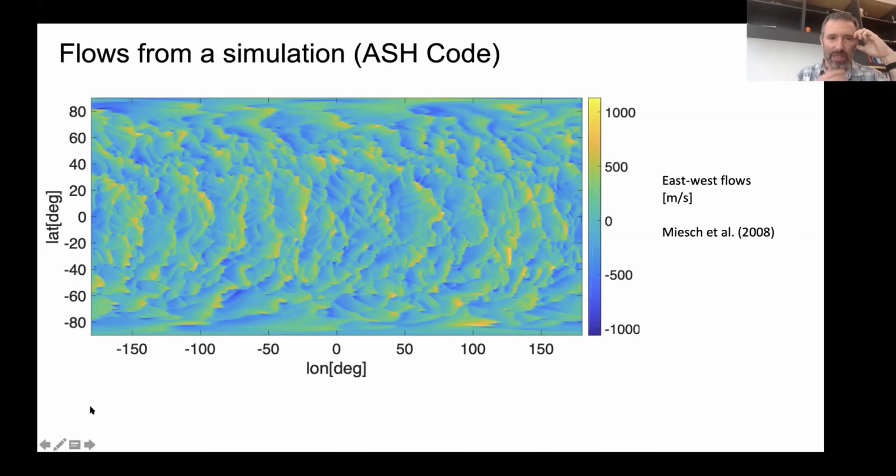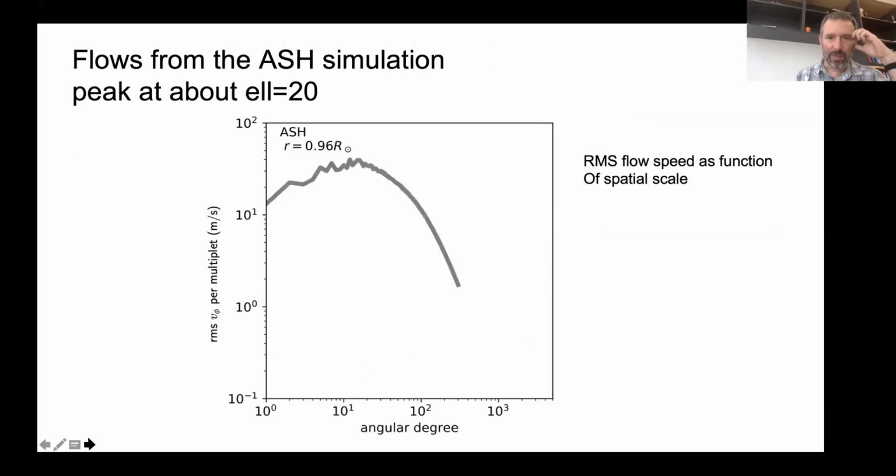And so one way you can analyze this is just compute the power spectrum. So you take the spherical harmonic transform and plot. In this case, it's not a power, but it's the RMS velocity in a particular multiplet. But the idea is the same. You can imagine making a curve like that by just filtering the data to allow one particular L through, and then computing the RMS of the resulting map.